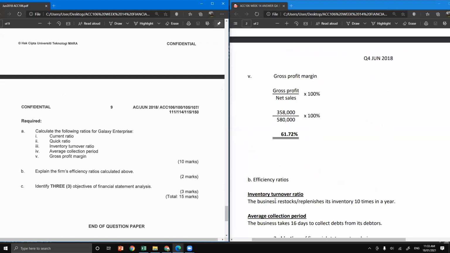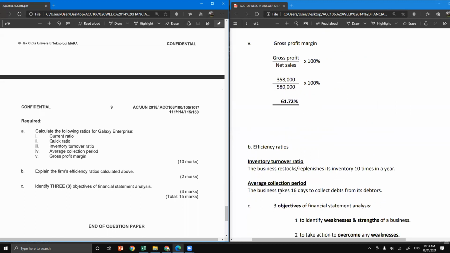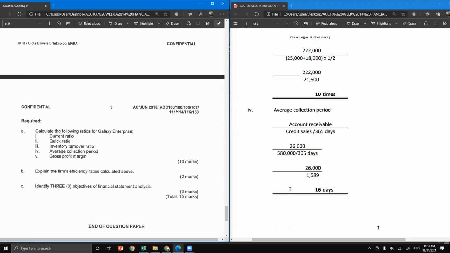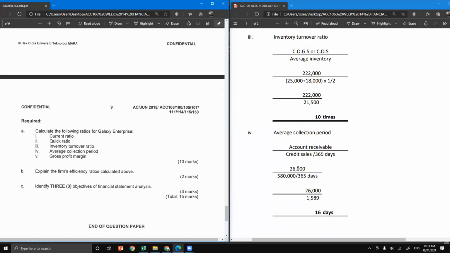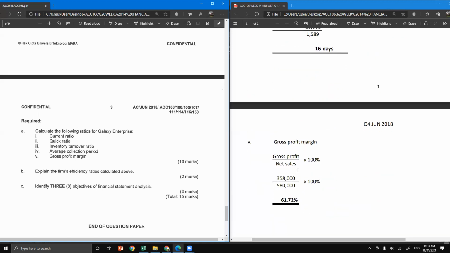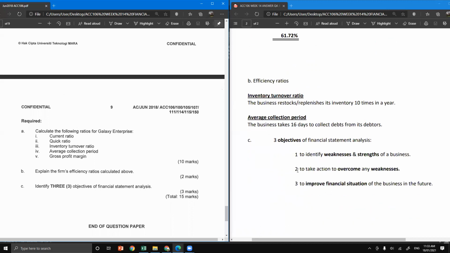It means that the business restocks or replenishes its inventory 10 times in a year. Whereas for the average collection period, as you can find in A4, it is equal to 16 days, which means that the business takes 16 days to collect debts from its debtors.